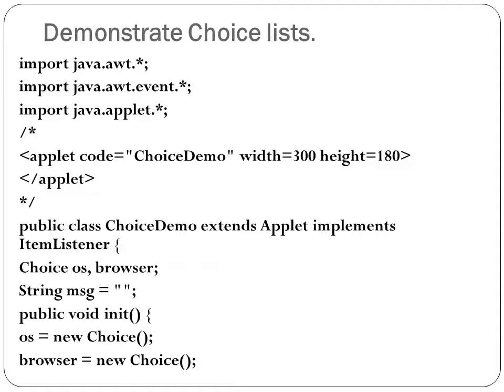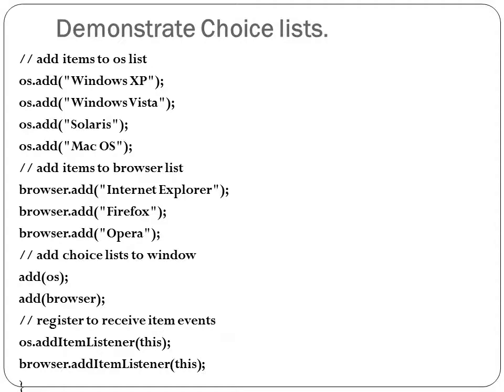First one is OS. So we have to create a Choice object named OS equal to new Choice. The second one is the browser choice. Then we have to add items to these choice lists. To the first choice, we are adding items like Windows XP, Windows Vista, Solaris and Mac OS. And to the second choice, we are adding names of browsers: Internet Explorer, Firefox and Opera.